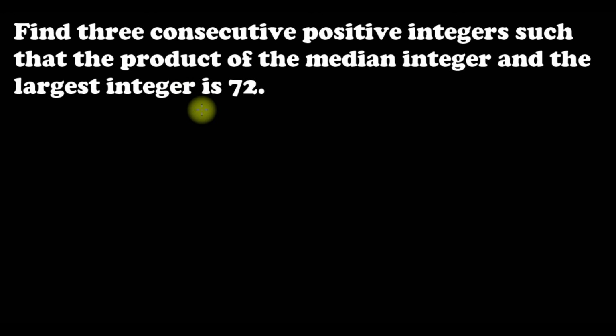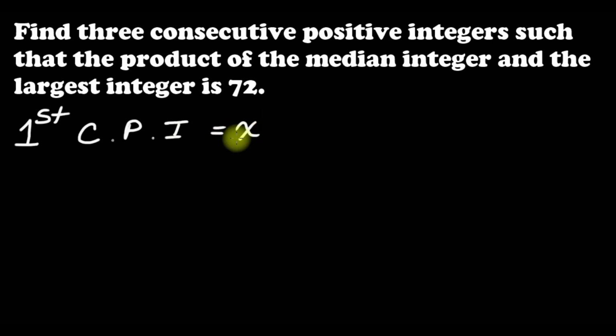Once we have an equation, we can solve for what we're looking for. So now I'm going to give a name for each of these integers. The first consecutive positive integer, I'm going to call that x. We don't know what that number is, so we call it x.